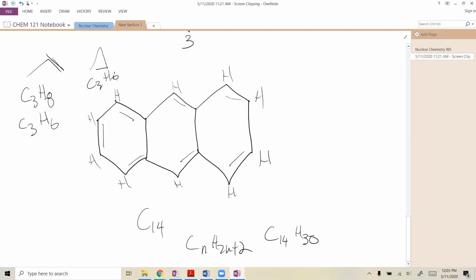It removes 2 hydrogens. So if we looked at this, we have 1, 2, 3, 4, 5, 6, 7 double bonds and 3 rings. So how many hydrogens should we be short?